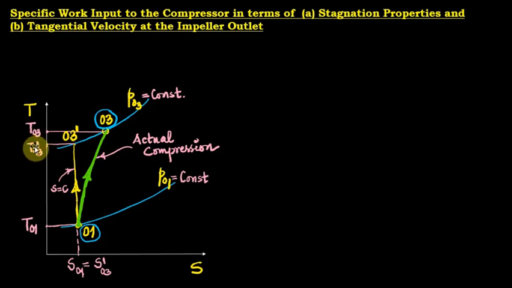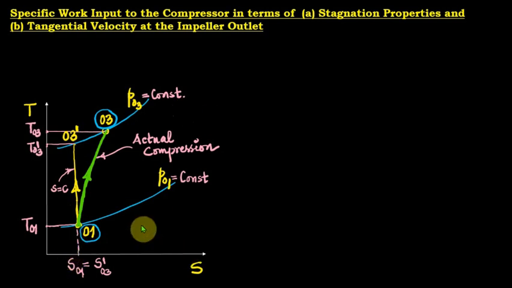So these are the stagnation temperatures at the outlet. If the process follows isentropic, and for the actual compression process, they are not the same, but the stagnation pressure P03 is equal to P03 dash. You should remember this. This isentropic compression and the actual compression process is our reference for the future derivations.